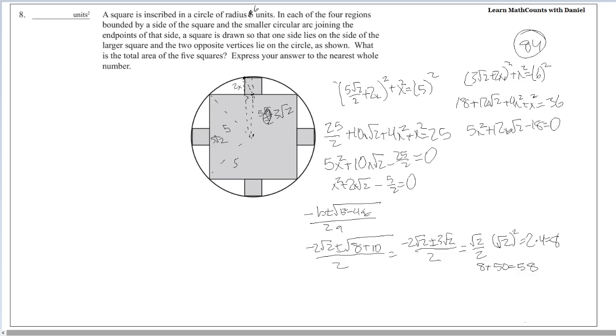I plug this into a calculator and get the value of x as 3 root 2 over 5, which means that the side length of the square is 6 root 2 over 5, which means that our answer is (6 root 2) squared plus 4 times (6 root 2 over 5) squared, which rounds to 84 because, again, nearest whole number.